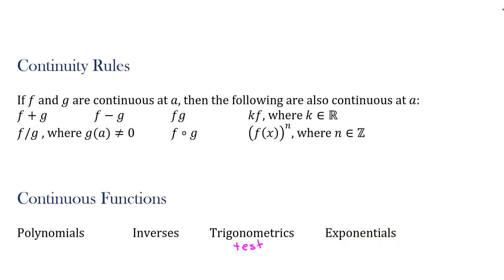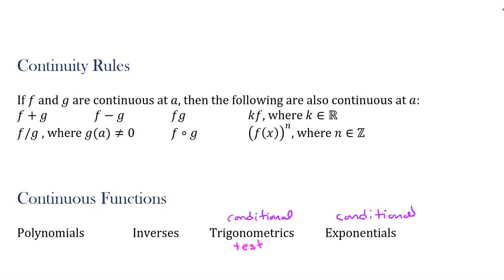So it is conditional. Trigs and exponentials are conditional on where they are continuous, but as long as they are in those conditions, they are indeed continuous functions.